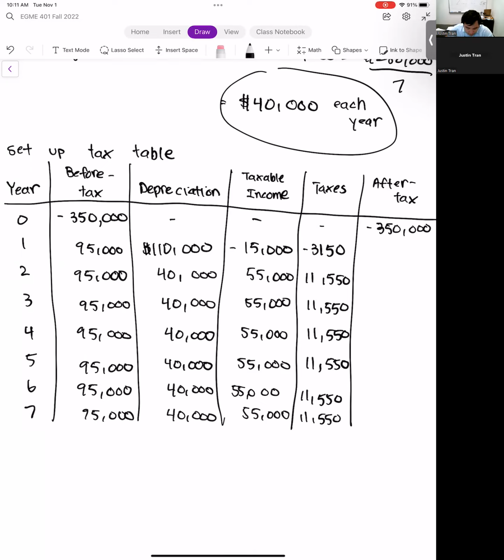For year one, we have 95,000, and we're going to subtract a negative 3150, so this is going to be a positive 98,150. Every other year, we're going to pay tax, so we take 95,000 minus 11,550, and that's going to be 83,450.